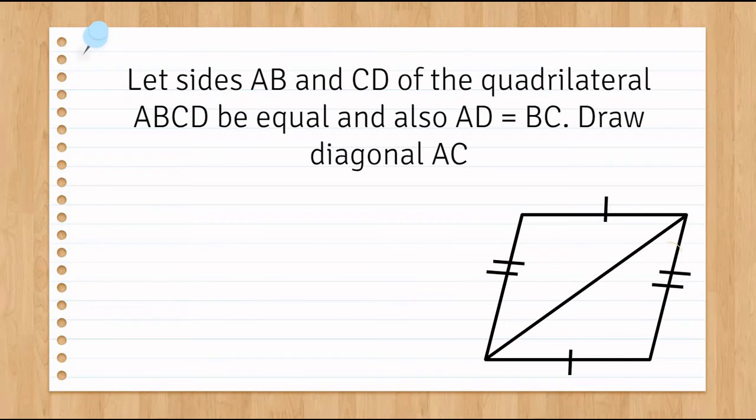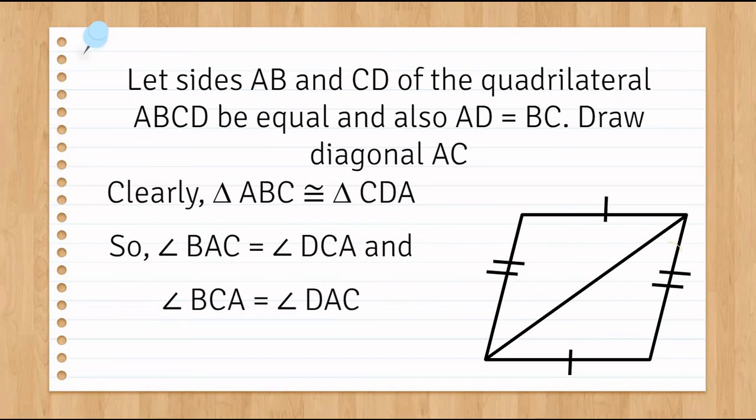Let AB and CD be equal, and also AD is equal to BC. Now we should draw diagonal AC. Okay, so what do you get from here? Clearly we know that triangle ABC is congruent to triangle CDA. So angle BAC is equal to angle DCA and angle BCA is equal to angle DAC.